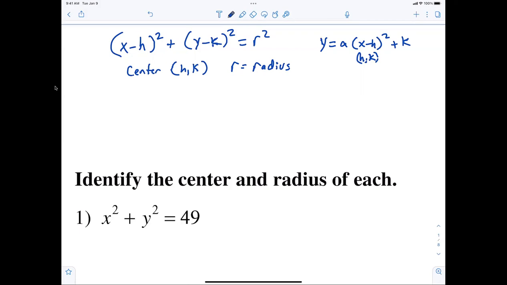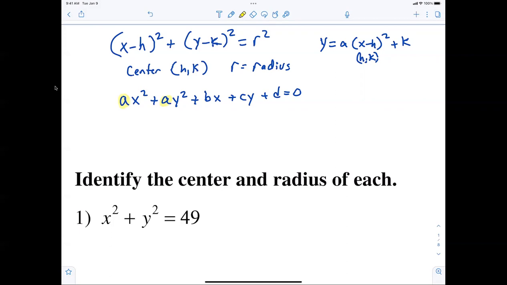The other general form would be something like this: ax² + ay² + bx + cy + d = 0. Now notice in front of the x² and the y² is the same constant.